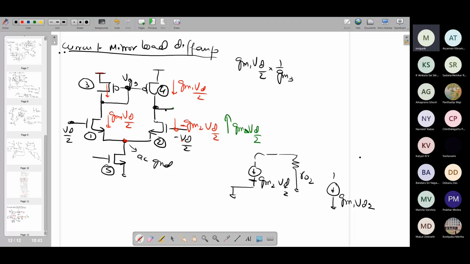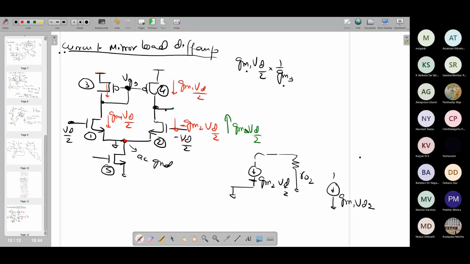Because from input to the output, we are looking at the signal. This is a common source. For AC we are shorting it to ground. Therefore, the signal over here at the gate of M3, because of the first applied signal at the gate of M1, is going to be GM1 by GM3 into Vd by 2. That is clear. This is just a common source amplifier with diode connected load. Therefore, GM1 upon GM3 into Vd by 2.